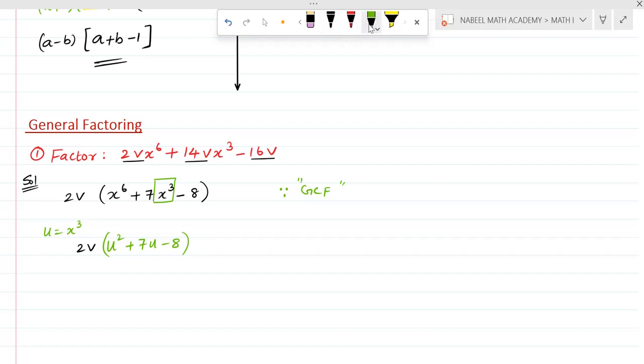What are the factors here? It is u plus 8, u minus 1. So this is factoring a trinomial. What case have we applied here? Quadratic form. At this step, I am applying the factor by trinomial technique.